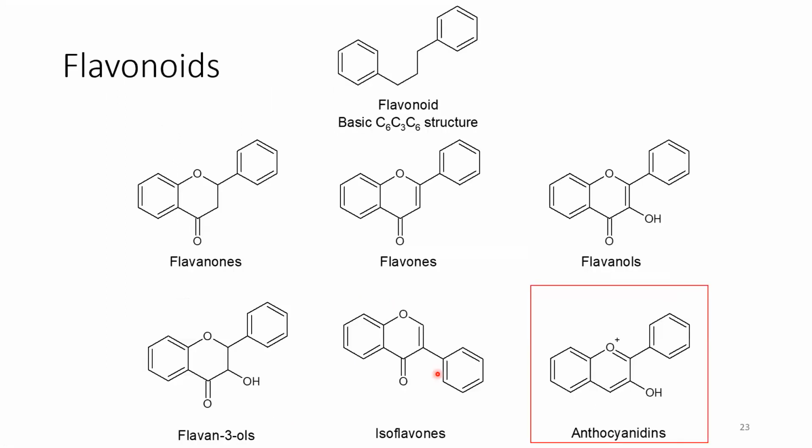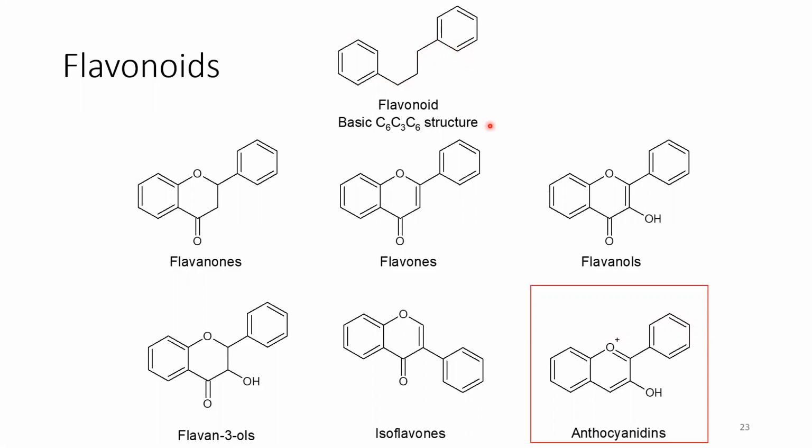Their general structure looks like this. Here's the basic structure: two benzene rings connected with a propanoid group, a three-carbon chain. Typically all of these flavonoids have some kind of substitutions on them.